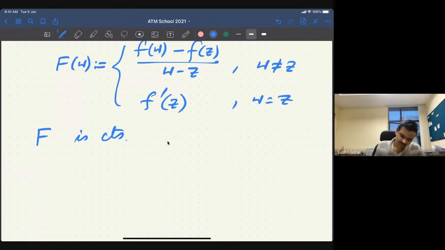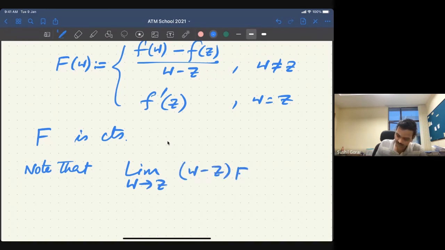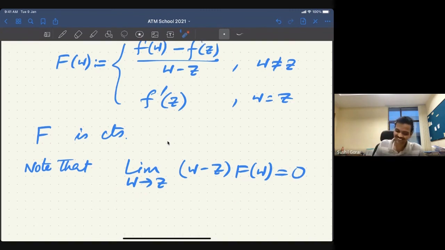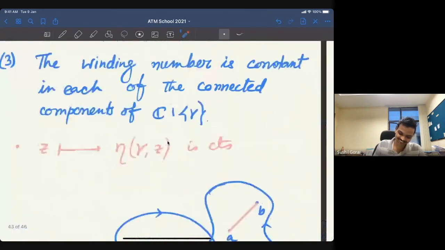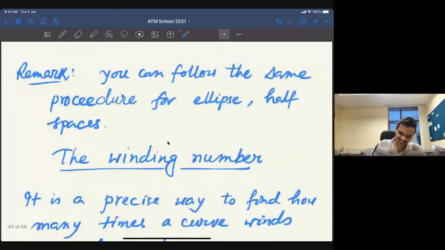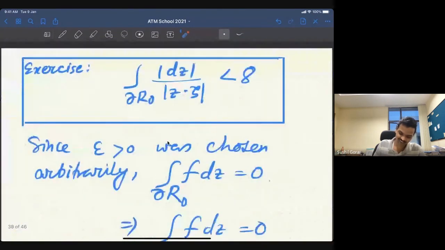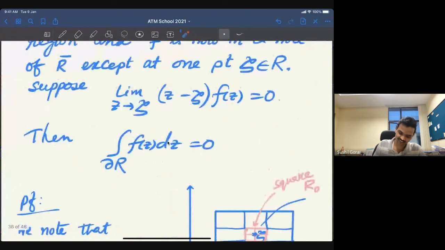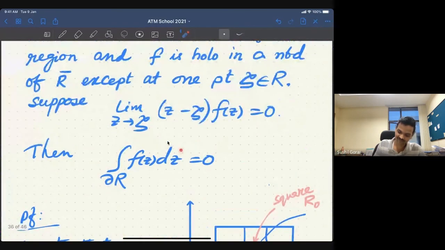But note that the limit as w tends to z of (w minus z) F(w) is 0, right? So this limit plays an important role here. Where did I prove it? Yeah, here.